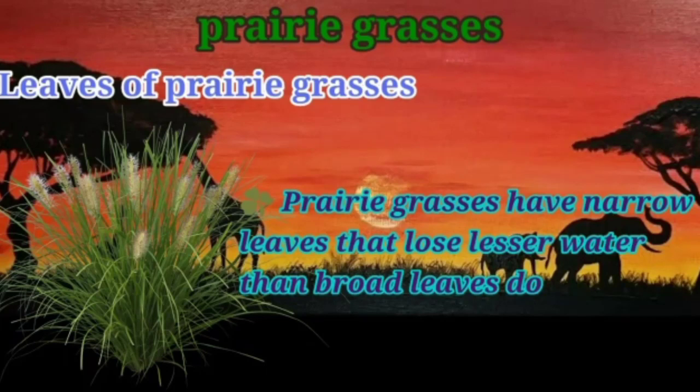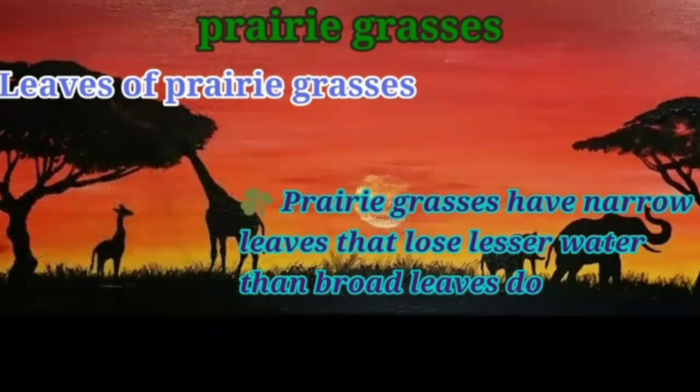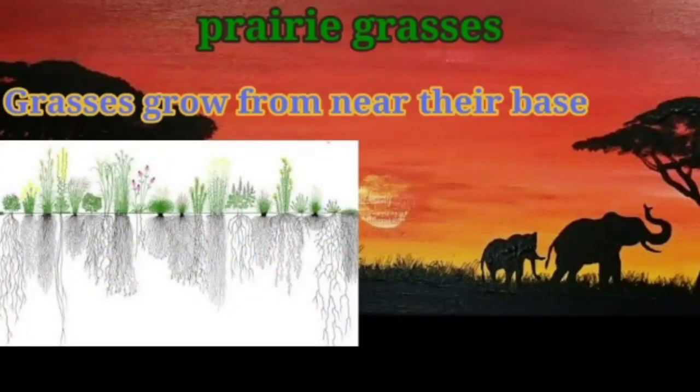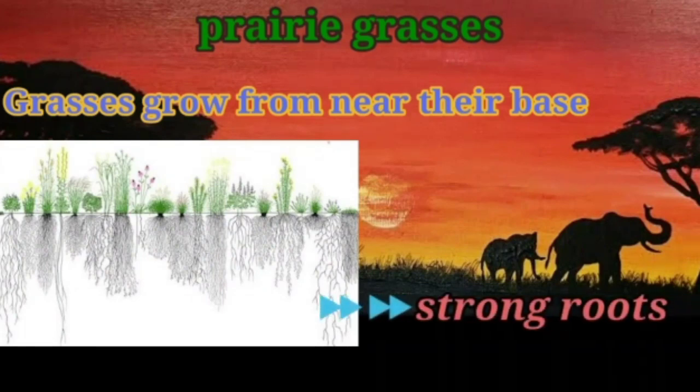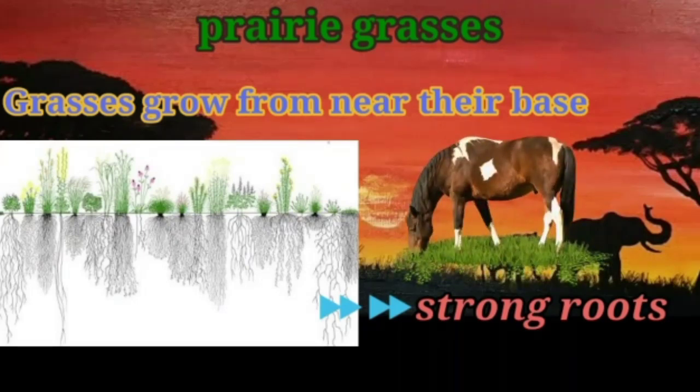Next, dear children, look at these prairie grasses. The grasses grow on the bottom and grow close to the ground. They have strong roots, which means they won't be destroyed when animals walk on them and eat them.